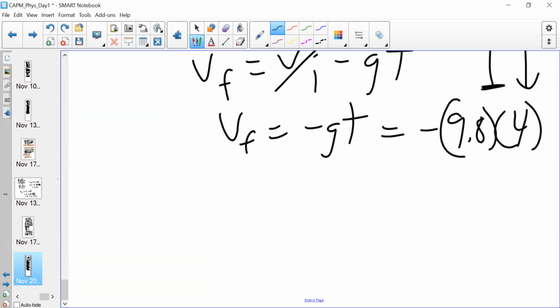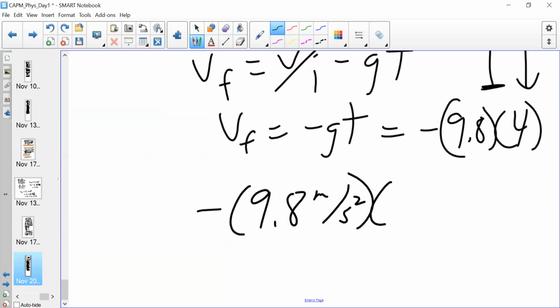And we can see that this is going to be units of meters per second, which is for velocity. The seconds go away right there, and so we're left with meters per second. So that is a velocity, and it's negative because it's going down, towards the south, downward. And that's roughly, what's that answer? Like 30 something?